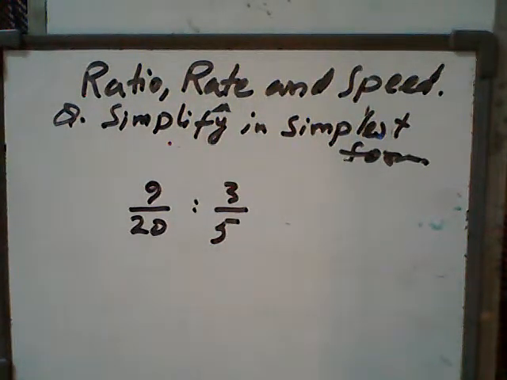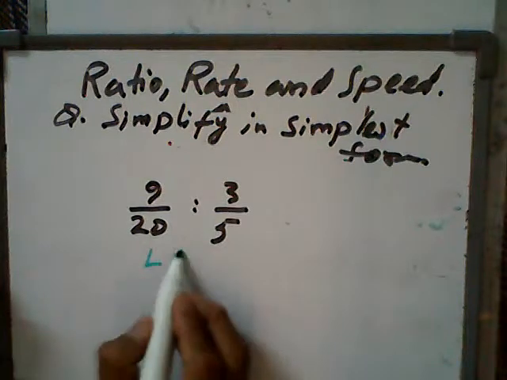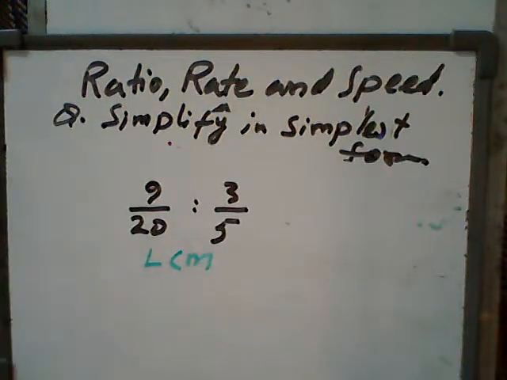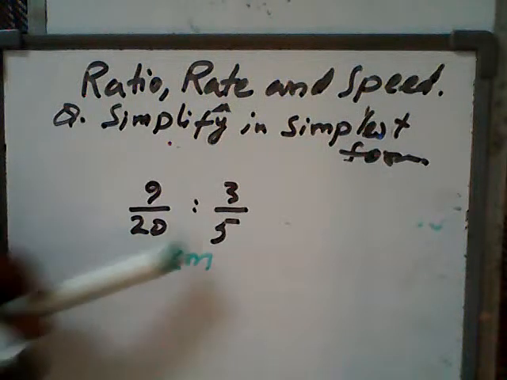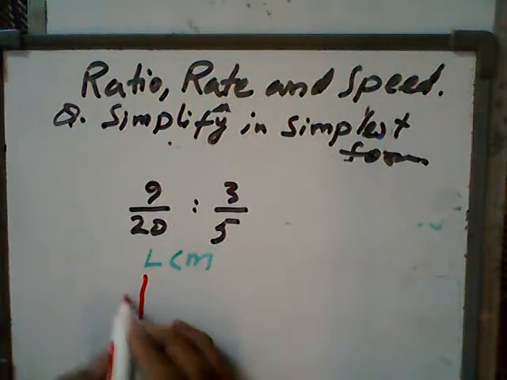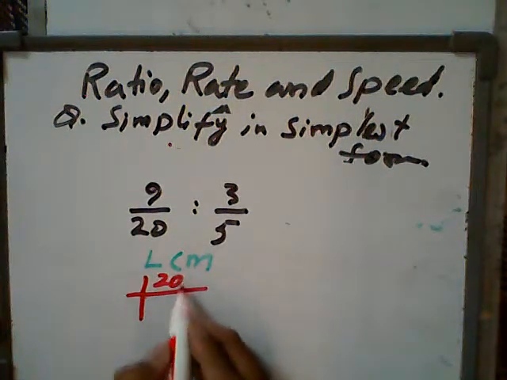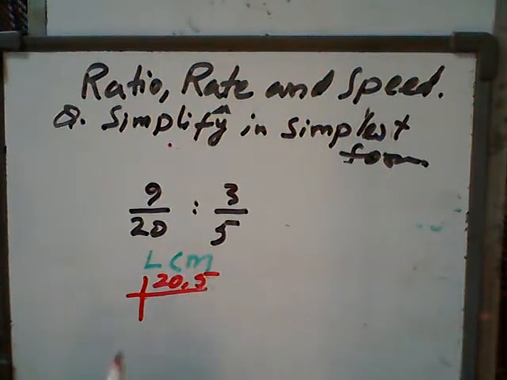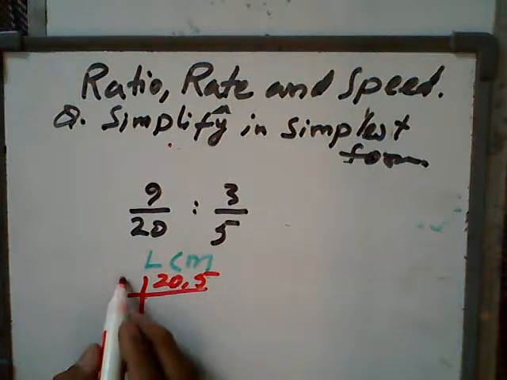Whenever a fraction comes, we need to go for LCM to remove the fractions. So what is the LCM? LCM of denominators. The denominators are 20 and 5. So let's take out the LCM.